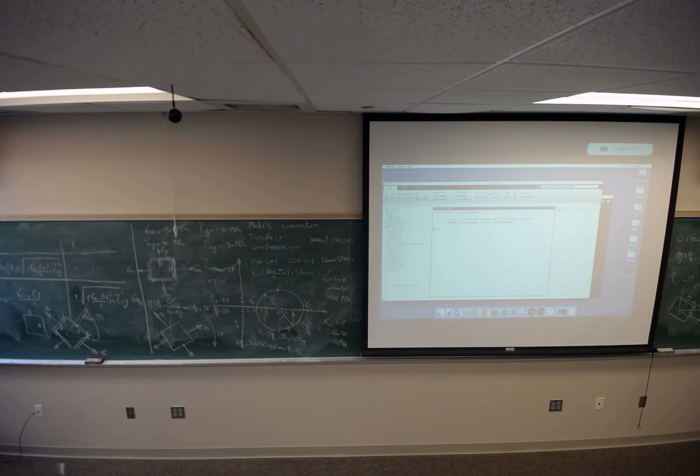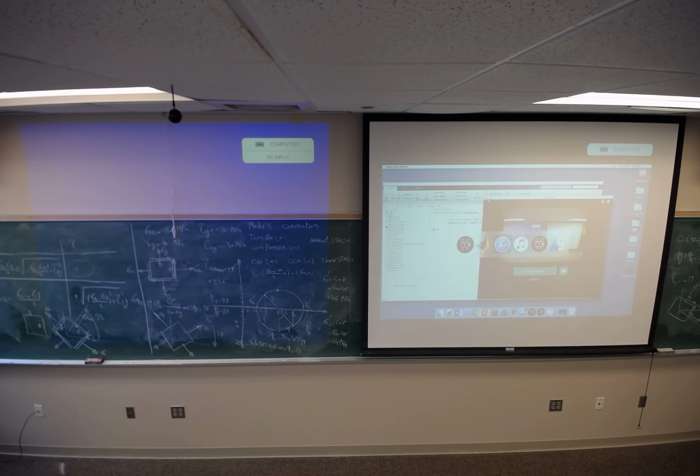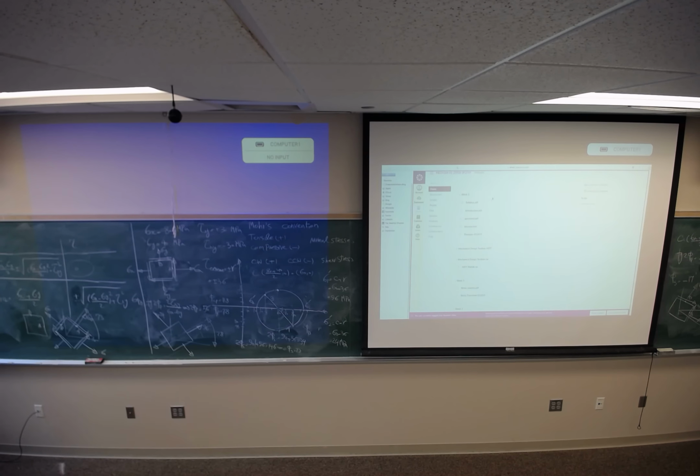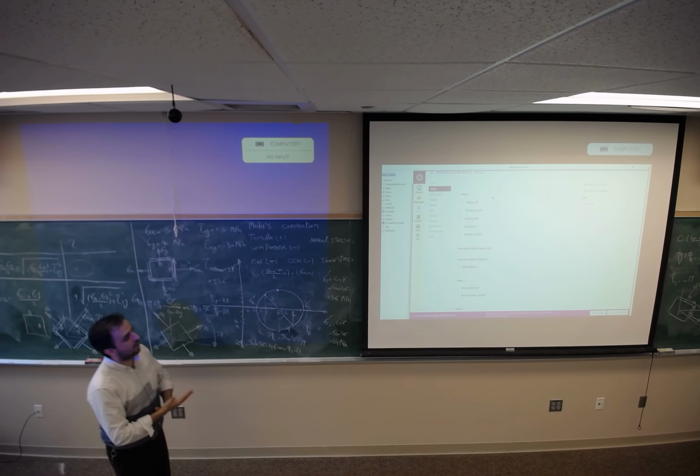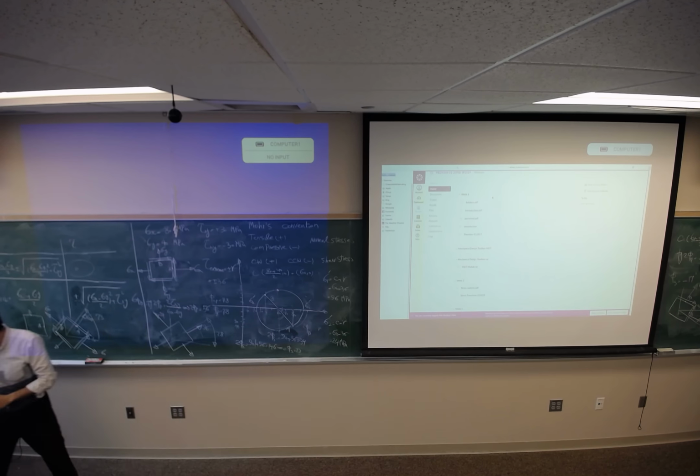All right. If you log in on your Canvas... I said I created modules to just organize the files. Can you turn off the first row of lights? The lights are causing washout on the screen. No, the ceiling lights.